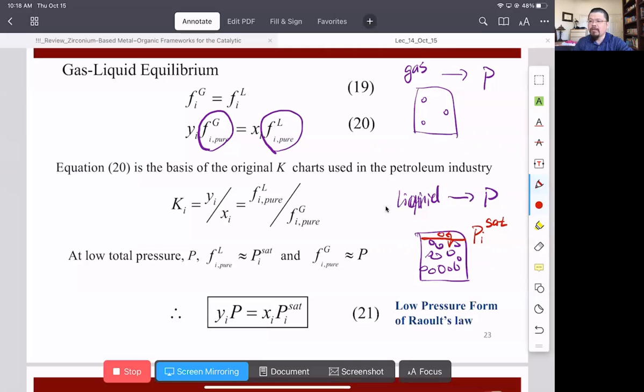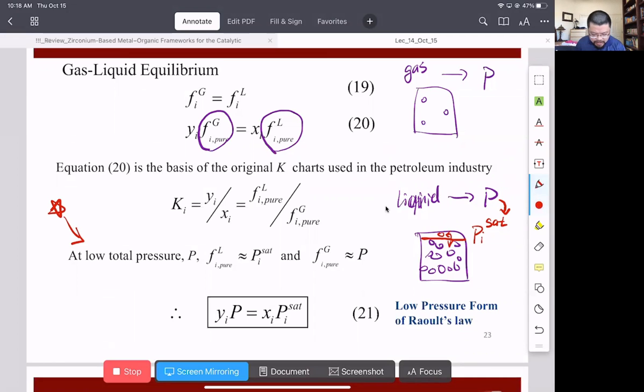If you have a cup of tea, although this is an open cup, even if I have a lid, there will still be vapor molecules, not too many, coming out of the equilibrium, right? So we can also understand the liquid pressure in a way with respect to the saturation pressure. This is how we can come up with a very useful equation for our chemical engineering calculations.